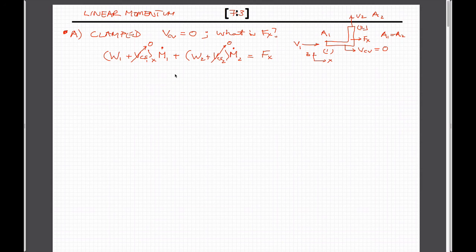We know also that these are relative velocities in the x direction because we're resolving in the x direction, because we want to know what the force is in that direction. So we can look at what those magnitudes might be. What else do we know? We know that this here must be equal to, what's this? This is V1 times rho times A1.